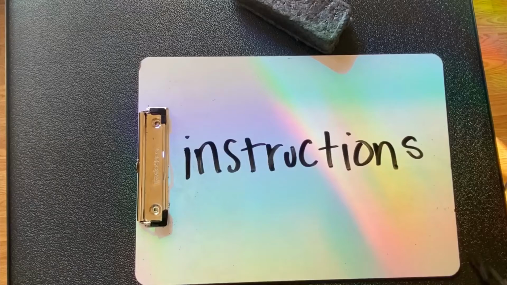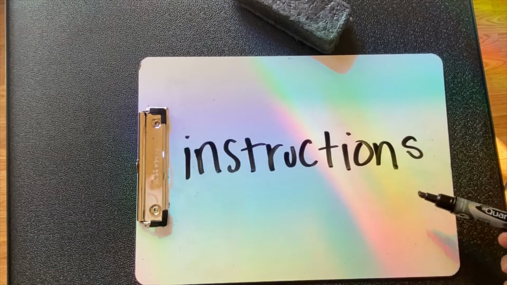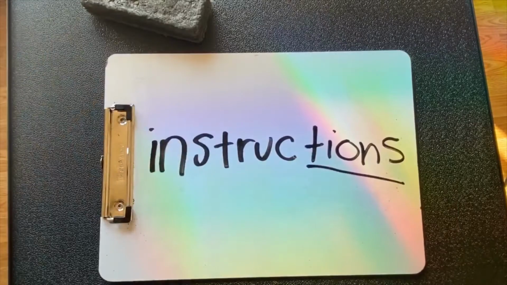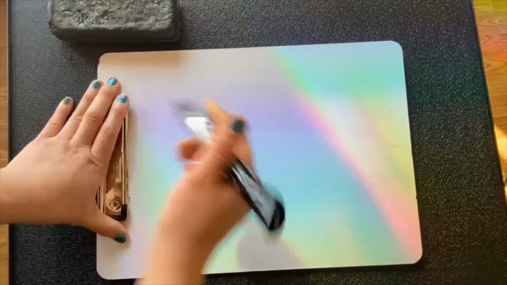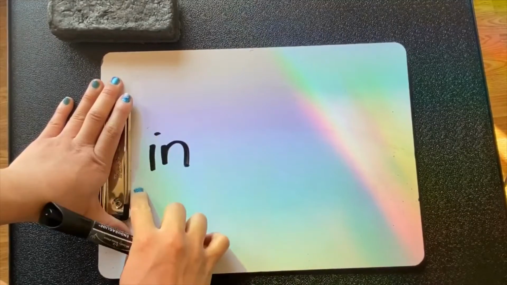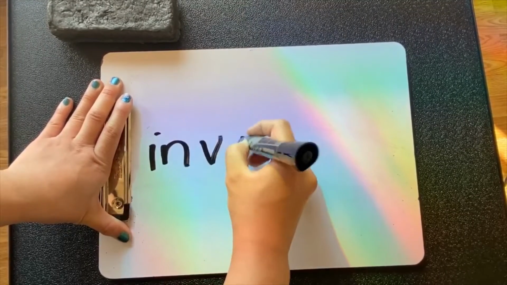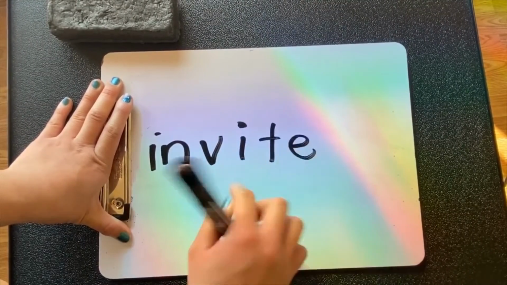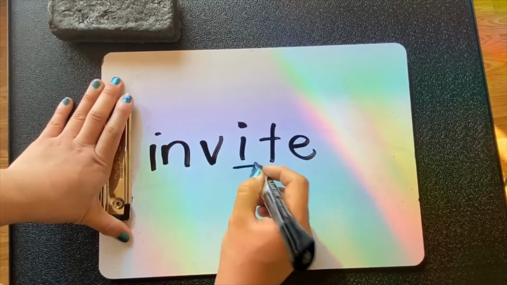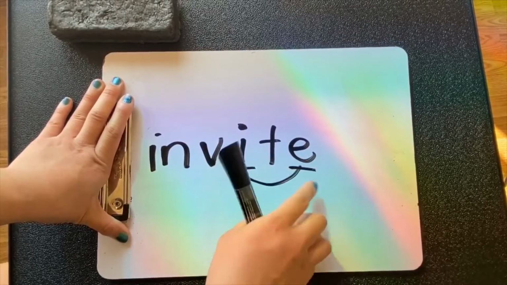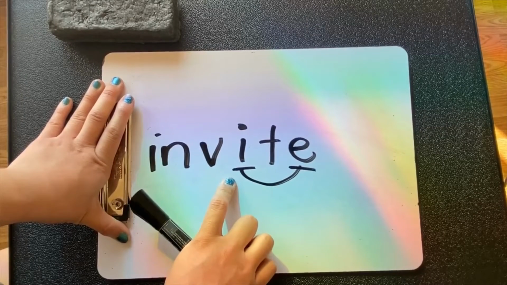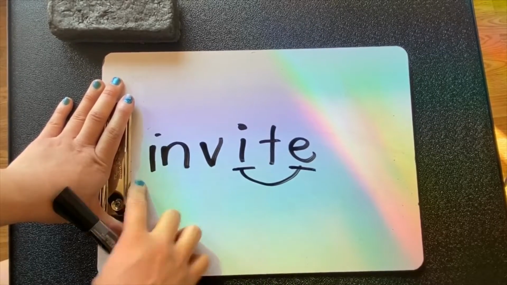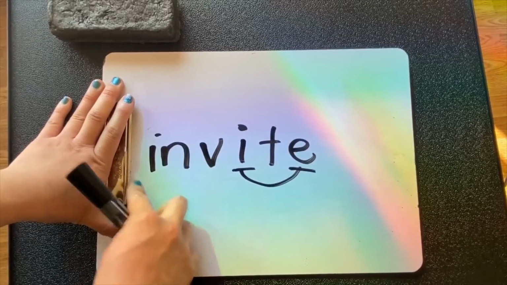Try for the real word, instructions. Great job. Moving on. Read, in. Read, bite. And my friends, you'll see that there is a final E here. And we have an I here, so it's going to be a long I sound. Try for the real word, invite.